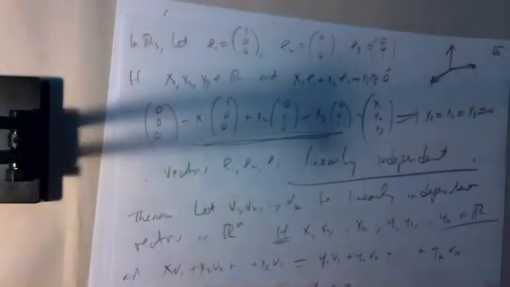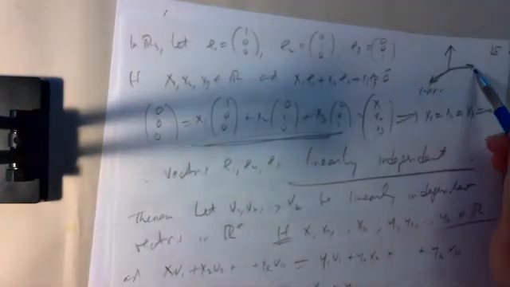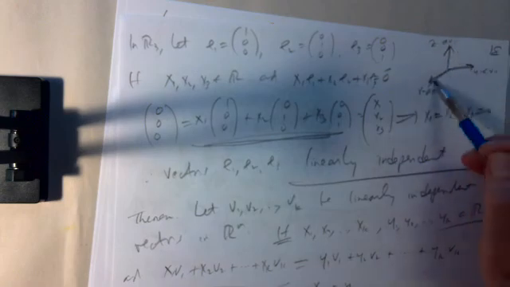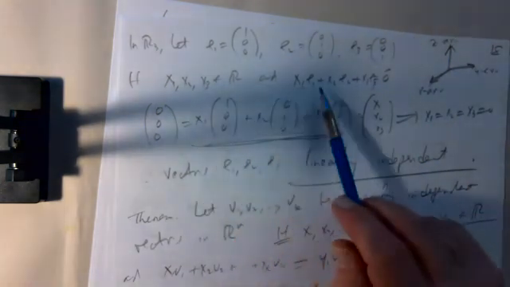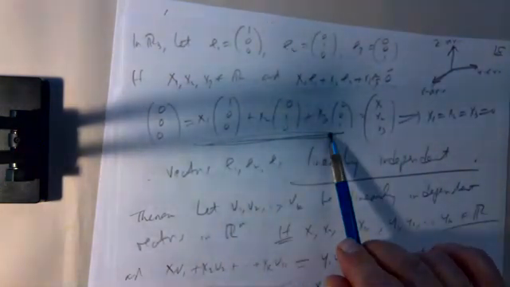So here are the 3 vectors. This is the x-axis, y-axis, z-axis, and these are the unit vectors in the 3 directions. If I take a linear combination of them, it's exactly this.